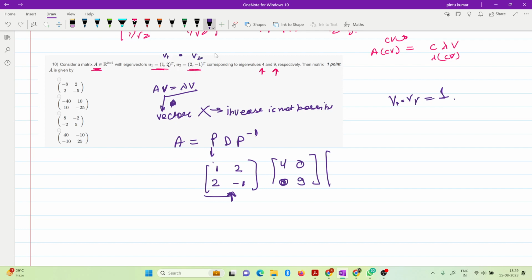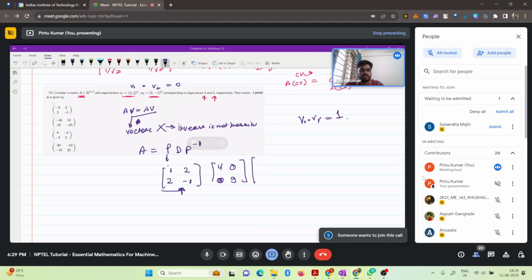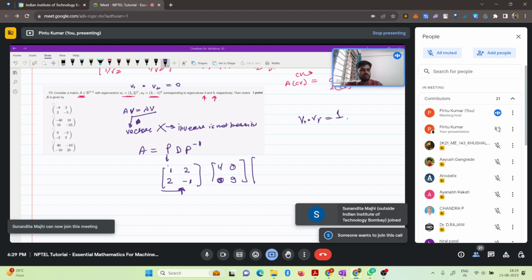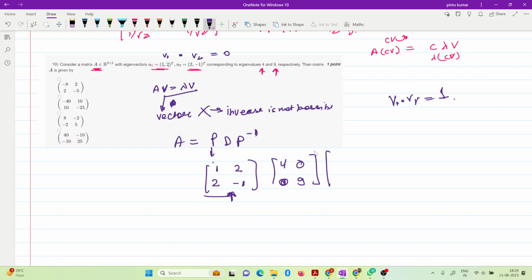So v1 dot v2 is 0. So this is 1 times 2 minus 2. Okay, so in order to obtain the inverse, we need not do all those steps, we can play smartly. Okay, so let's say if we multiplied it with its transpose. Okay, so its transpose is this is 1.